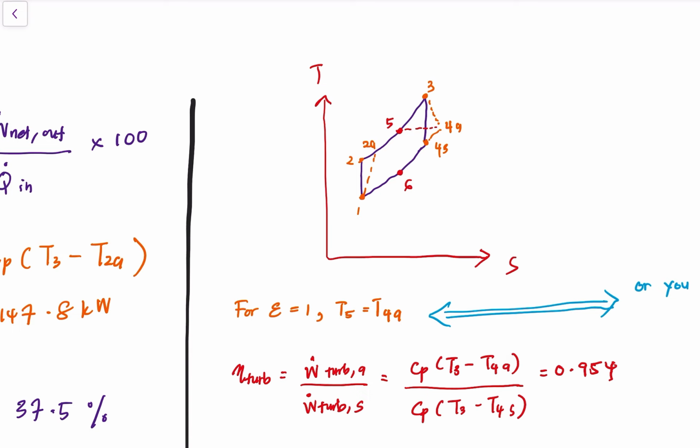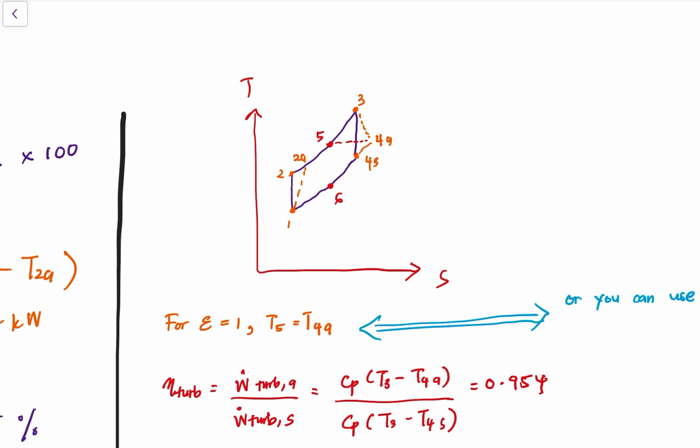Alright, so for 100% effectiveness, most likely the temperature at state 5 will be the same as temperature at state 4A, the actual state leaving our turbine.